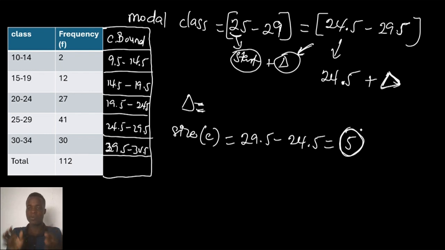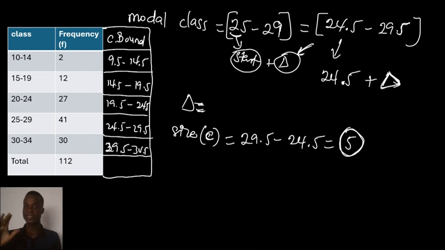Whatever we are adding must be limited within the size of the class, so that it doesn't go beyond 29.5. So we take a portion of the class size and add it to 24.5, so that we are fetching a particular item that falls within the class and corresponds to the actual value. That's why the class size comes in.